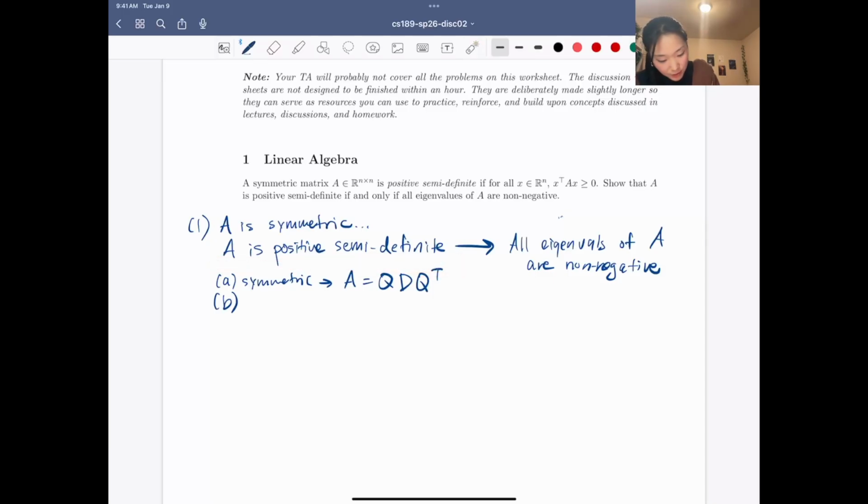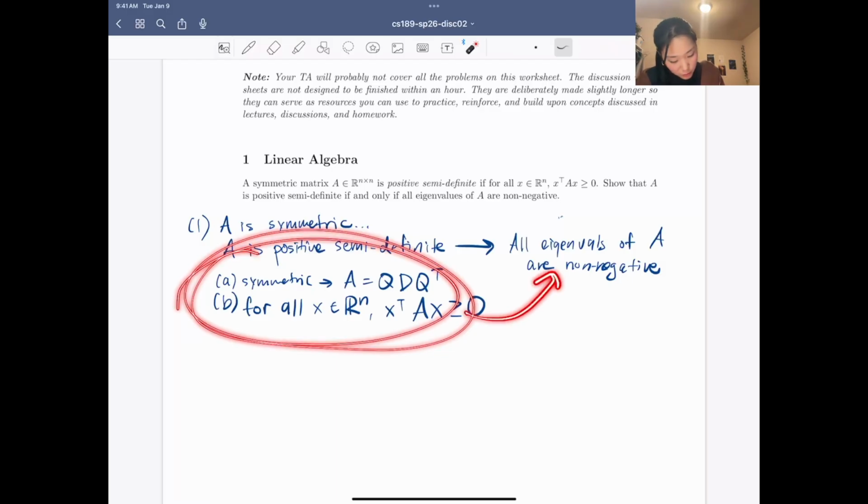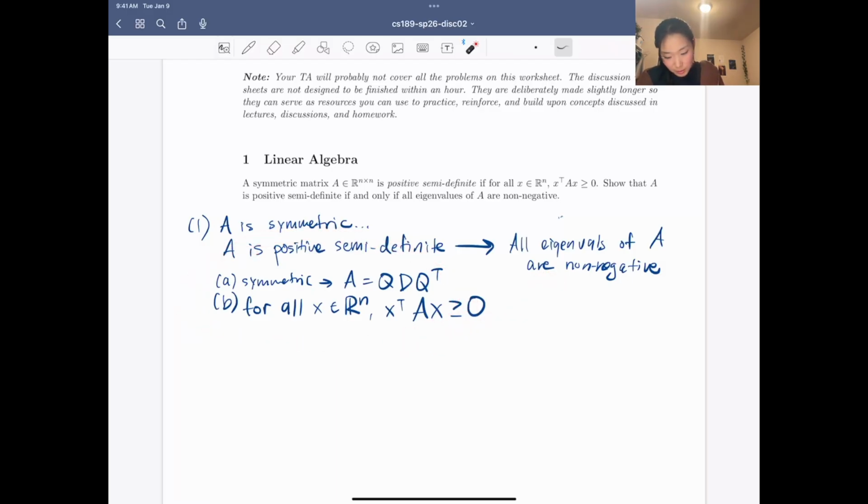And so the definition of positive semi-definite is right over here, and we can just literally copy paste that. So for all x vectors, we have x transpose times A times x is greater than or equal to 0. Okay, and so given this left information, we need to show this right information.